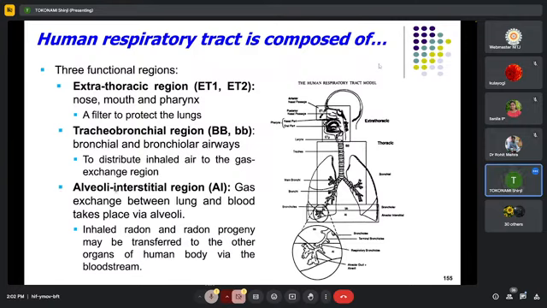Alveolar interstitial region. Gas exchange between lung and blood takes place via alveoli. Inhaled radon and radon progeny may be transferred to the other organs of human body via the bloodstream.